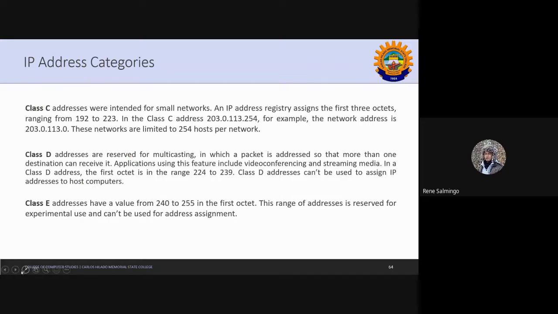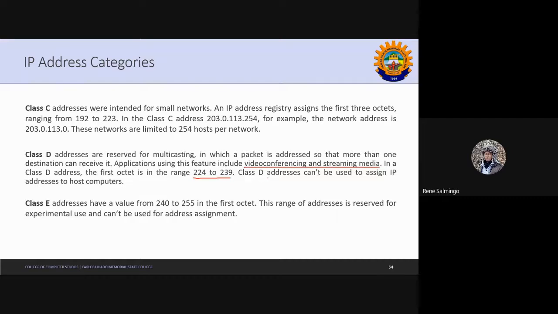What is multicast? Multicast is when each packet is addressed so that more than one destination can receive it. Applications using this feature include video conferencing and streaming media. In a Class D address, the first octet is in the range of 224 to 239.